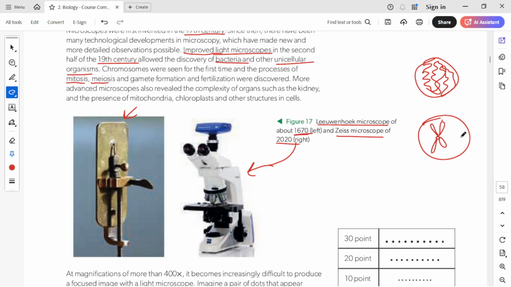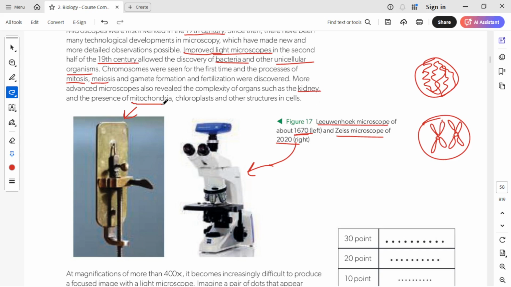So we can actually see all of the chromosomes separately during cell division. So the chromosomes can be best studied during cell division, mitosis or meiosis, and also during gamete formation and fertilization. More advanced microscopes reveal the complexity of organs, so different types of cells and their functioning could be studied using these microscopes.